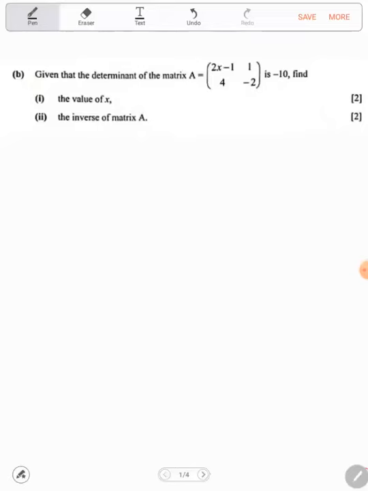Next, you collect the like terms. So this is negative 4x. When you add here, you're going to have negative 2 equal to negative 10. Then this will give us negative 4x equal to negative 10.